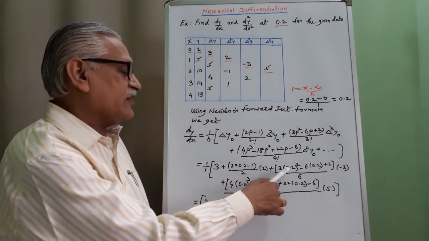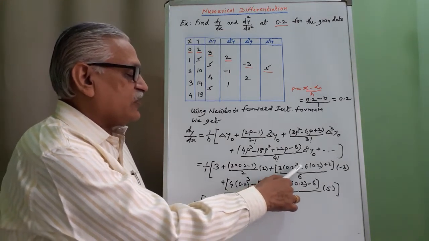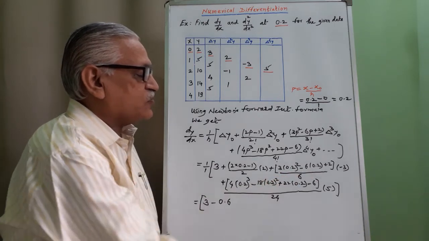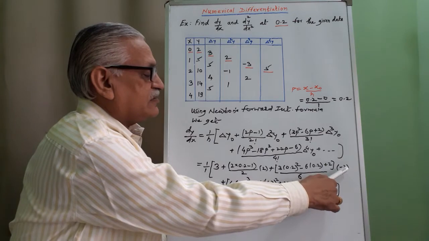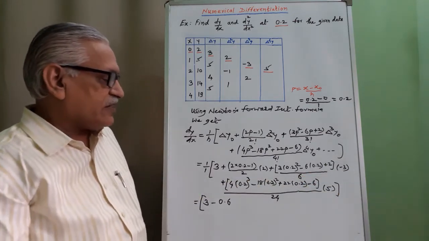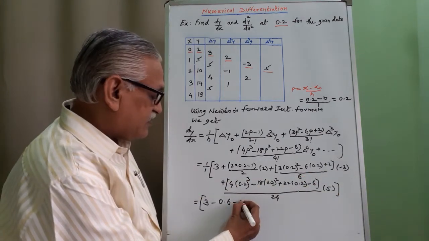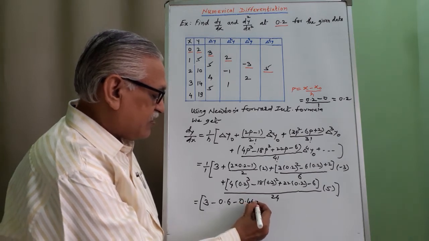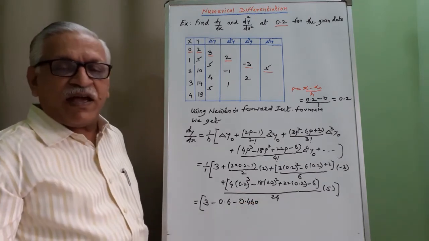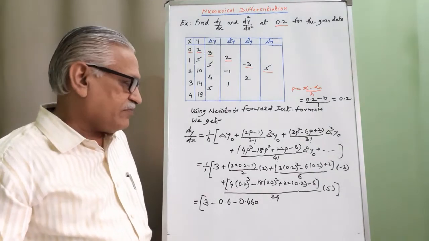Then by calculator, if you simplify 3 into 0.2 square minus 6 into 0.2 plus 2 divided by 6 into minus 3, that value is minus 0.460. You can cross check it by calculator.